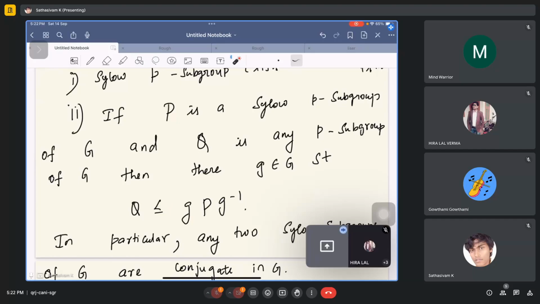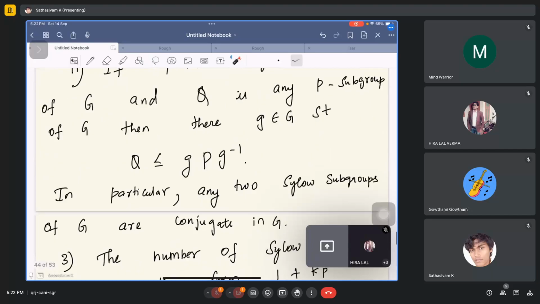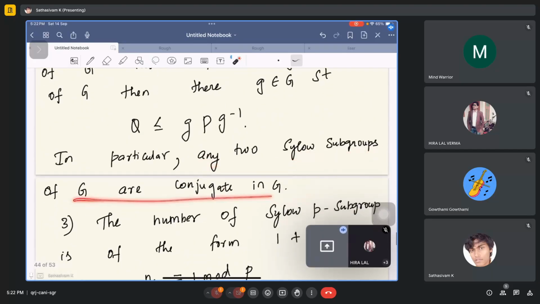In general Q need not be contained in P, but it is contained in one of the conjugates. And a conjugate of a Sylow P subgroup is again a Sylow P subgroup. So in particular, any two Sylow subgroups are conjugate, because you take Q as another Sylow subgroup.